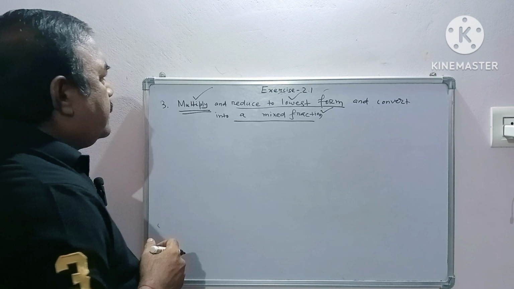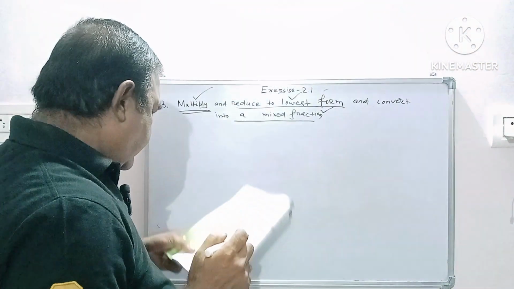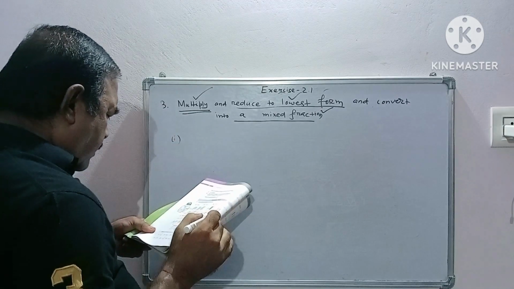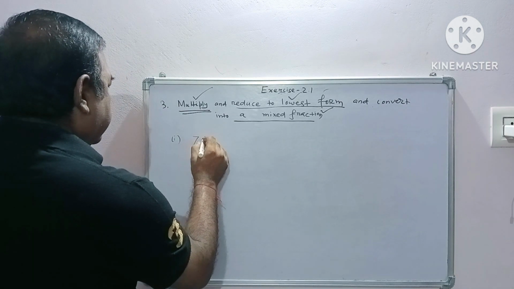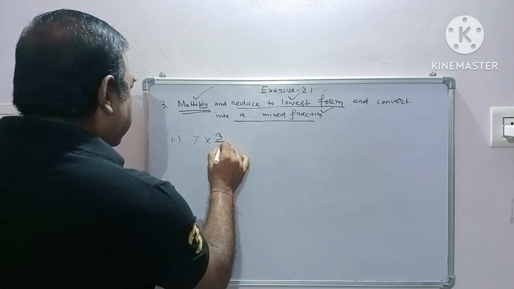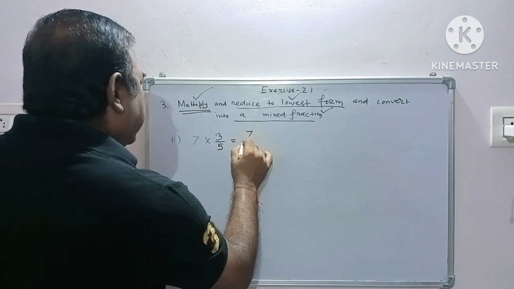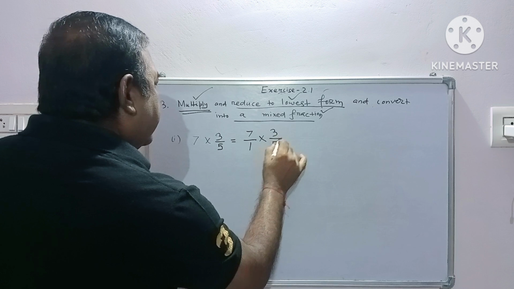So we have to take 3 steps to solve it. You see, first is 7 into 3 upon 5. That is equal to 7 upon 1 into 3 upon 5.